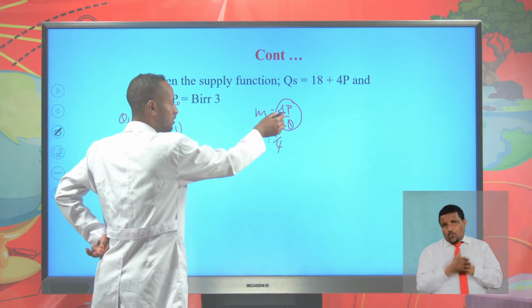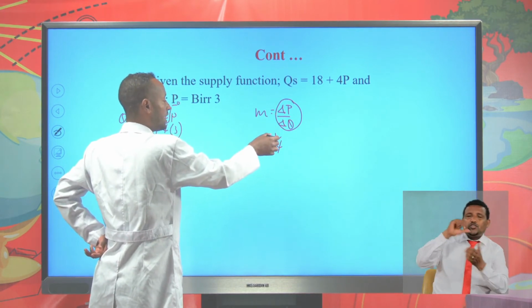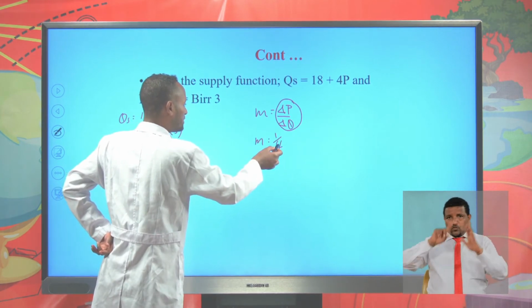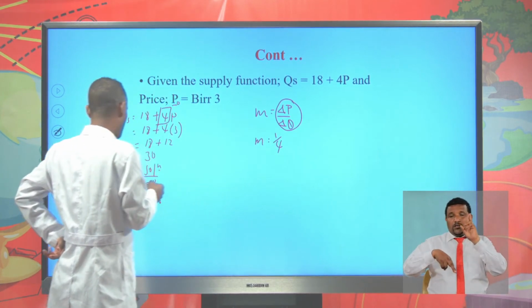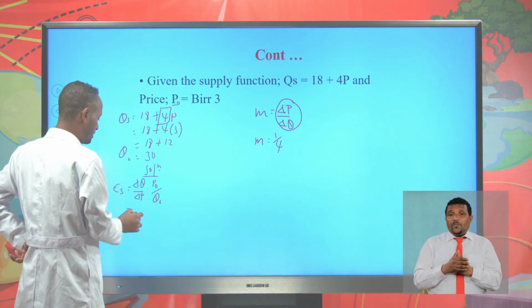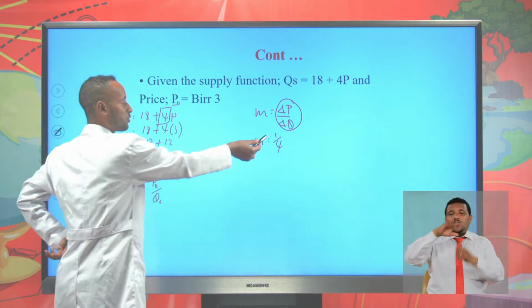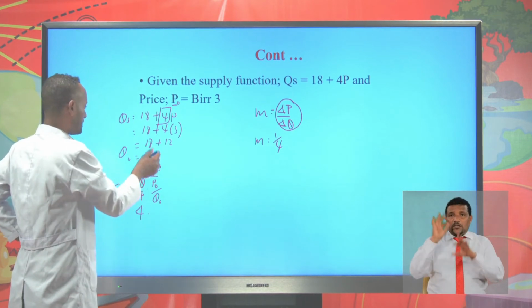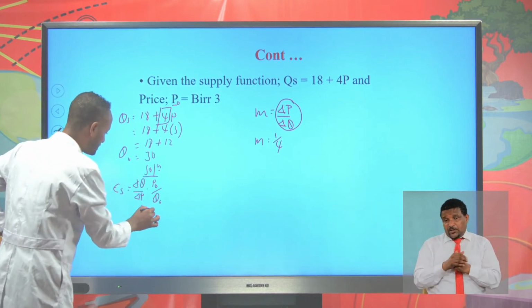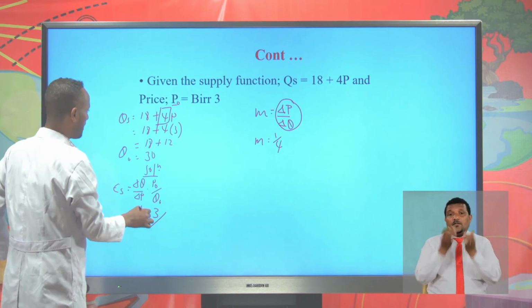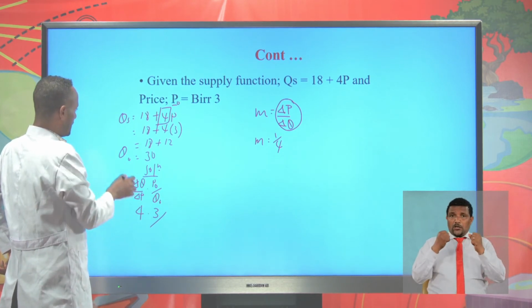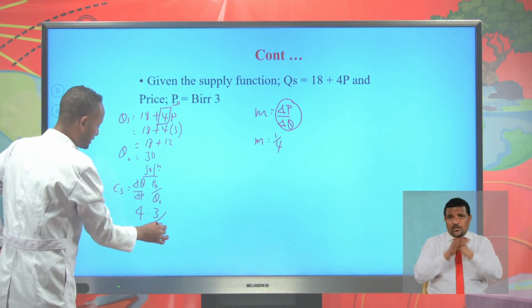That means we have the value of change in P for change in Q, and if the slope is 1 over 4, the reciprocal of the slope of the supply function will be the value of change in Q for change in P, which is the reciprocal of 1 over 4, that is 4. We take the given price as the initial price, which is 3, divided by the initial quantity we calculated, which is 30.